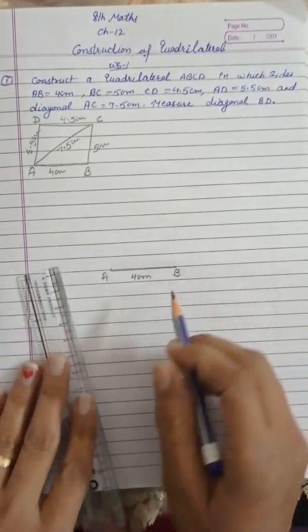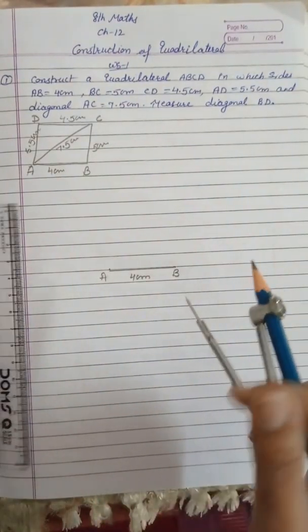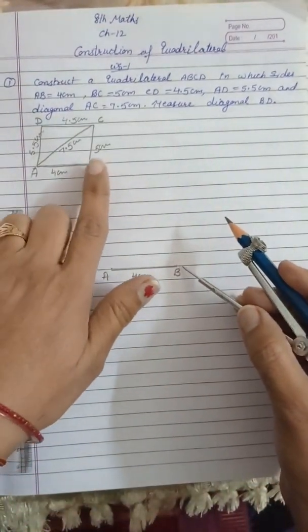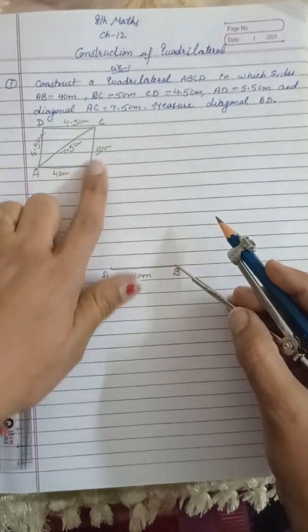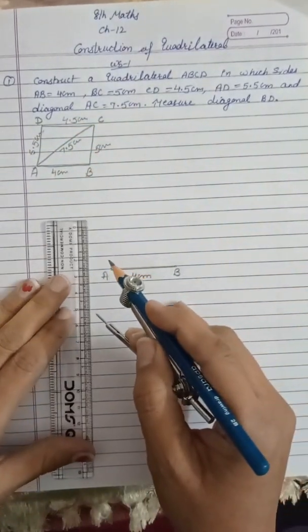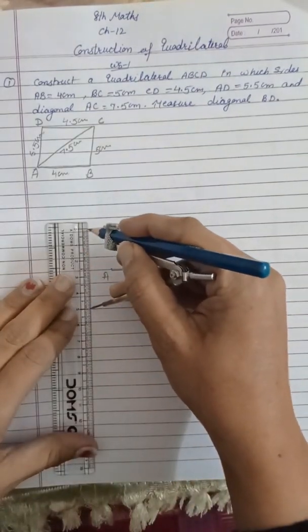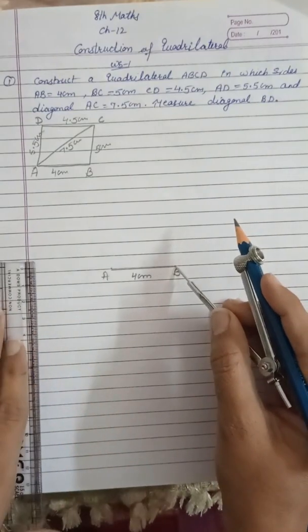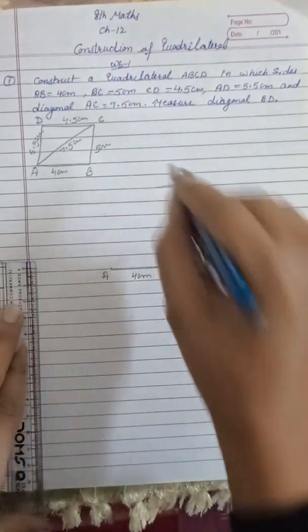Now take your pencil and the compass and measure. Now from B, you know that BC is 5 centimeter. So measure your radius, that is 5 centimeter. Now put the pin point at B and draw an arc.